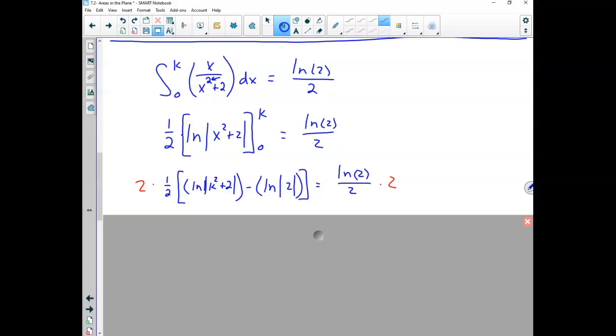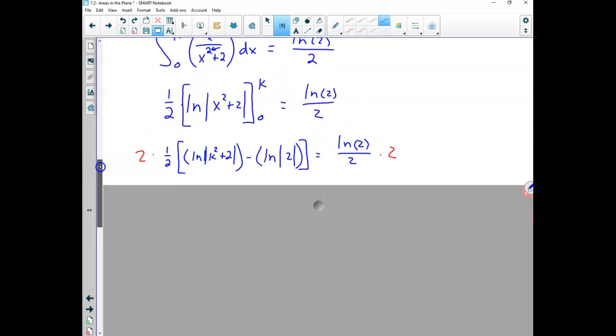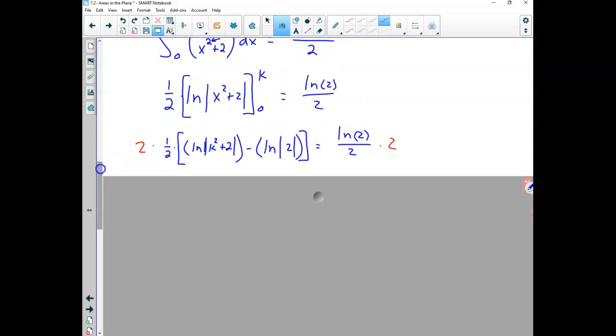When I evaluate the left side, I get 1/2 times my upper limit, which is the ln of k squared plus 2, minus the ln of 2, equals ln 2 over 2. And I multiply both sides by 2 to kill my fraction.